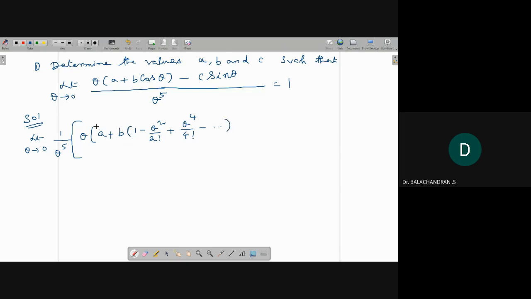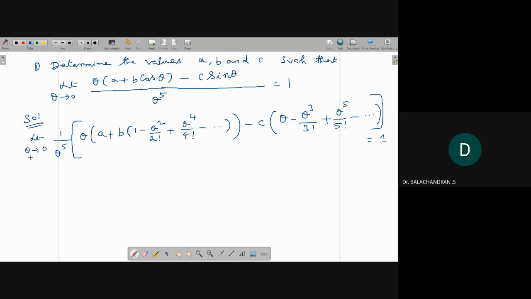And then close this bracket. And then minus C into sin theta. Sin theta is theta minus theta cube by 3 factorial plus theta power 5 by 5 factorial minus, close this bracket and close finally this square bracket, is equal to 1. I don't have enough space, that's why I'll write it here.